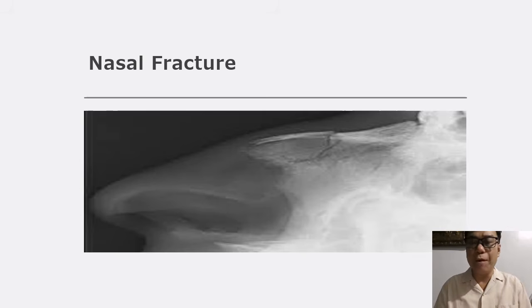When we talk about unilateral, only one side of the nose is affected. Bilateral means both sides. Sometimes the bilateral nasal fracture is also called complex nasal fracture.